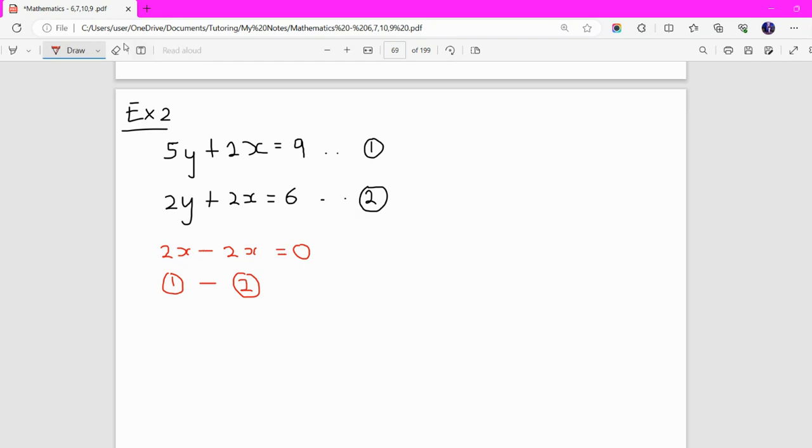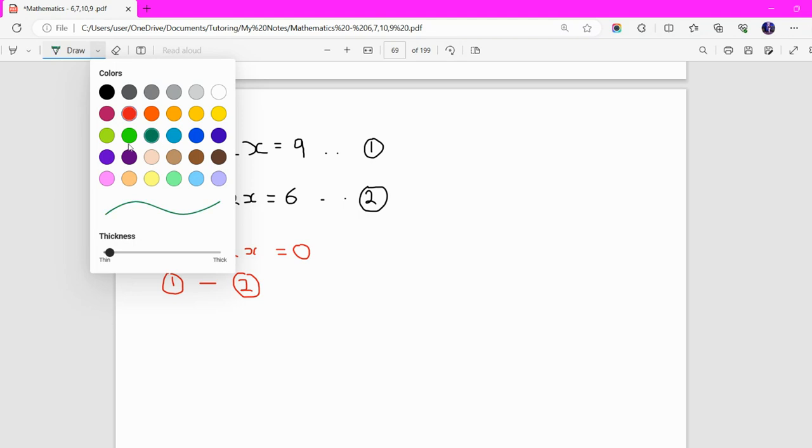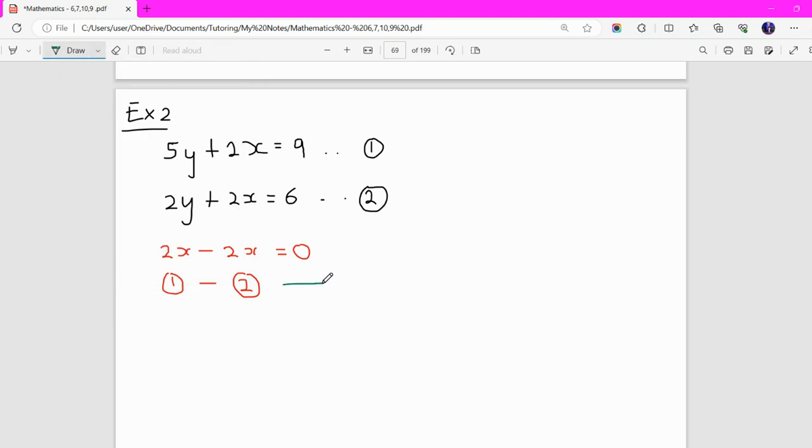So equation 1 minus equation 2 will now give you, let's see what that will give you. 5y minus 2y will give you 3y. Now this positive 2x minus this positive 2x will give you 0.